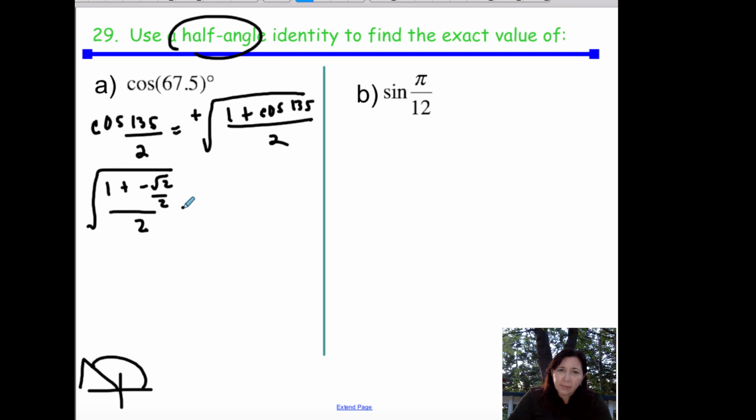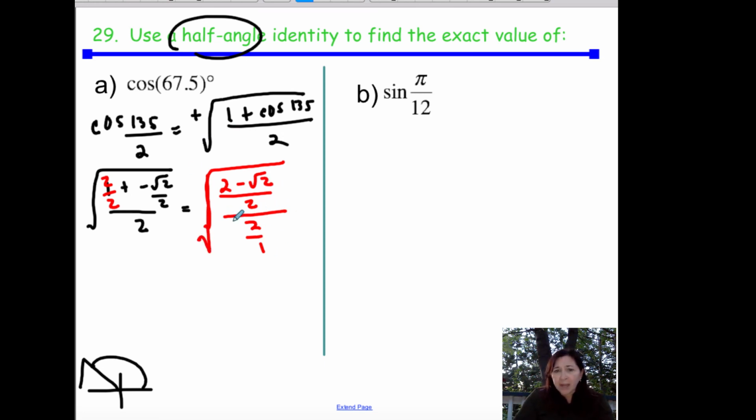And this is going to simplify to be, I'm going to make this over 2, right? And so I'm going to get the square root of 2 minus the square root of 2 all over 2, divided by 2 over 1. And this, again, is all under the root.